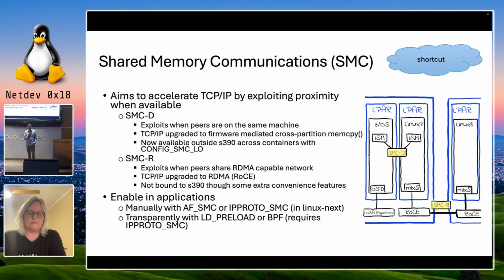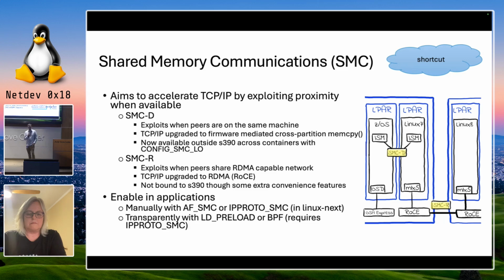There are some convenience features. So far for SMC, you had to use AF_SMC, the address family, to say, okay, I want to use SMC. It still allows you to fall back to TCP, but you had to use the address family immediately.